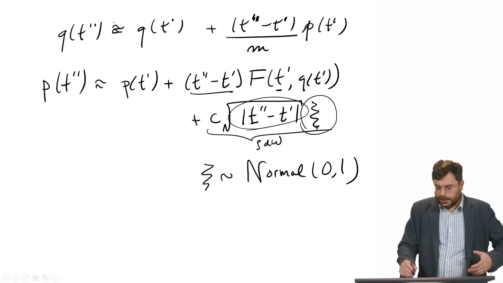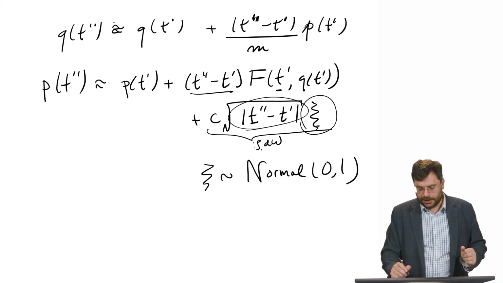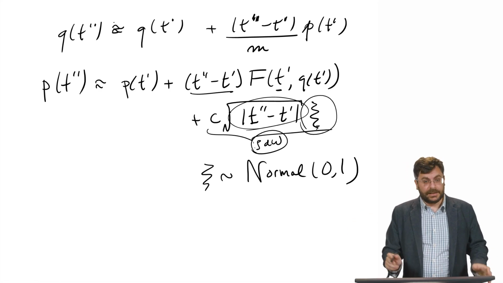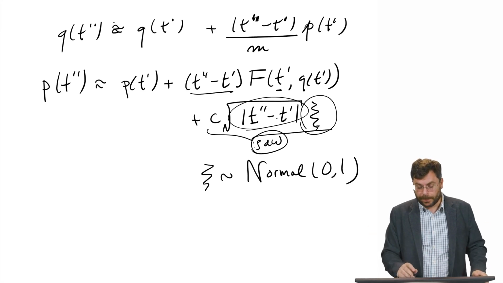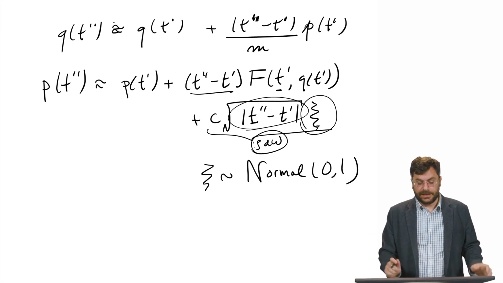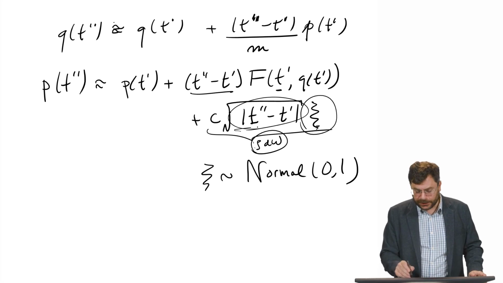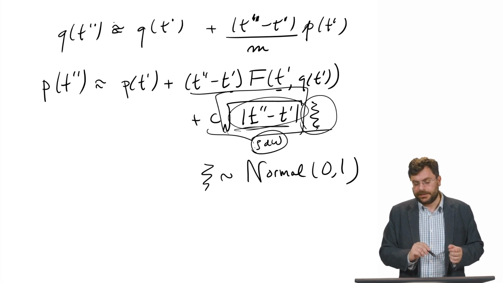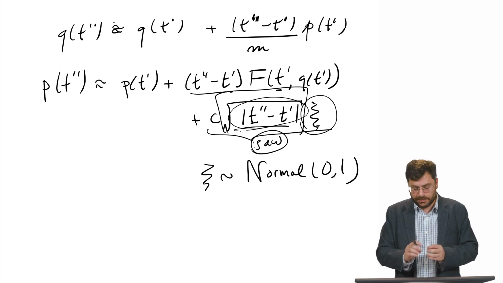So the larger the delta t, the larger the effect of the noise, because the more the noise spreads, and it spreads in proportion to the interval. And in this particular case, I have to include the standard deviation here, so it appears as the square root of the time interval.